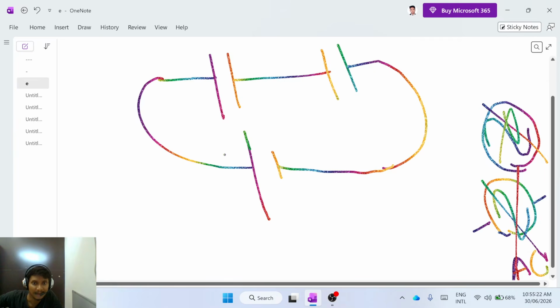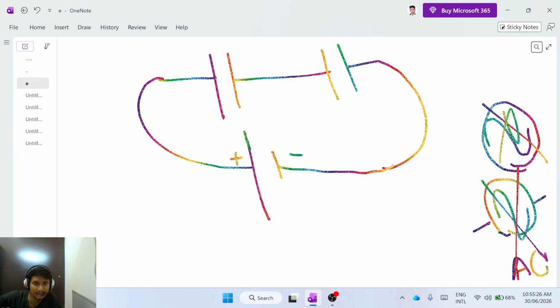We already know the long line is plus and the short line is minus. Therefore, if the long line is plus, this plate connected by wire will be plus.